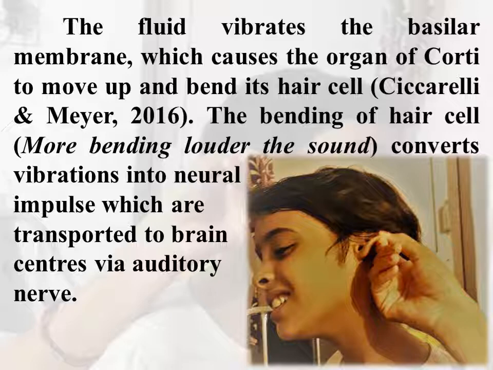That fluid vibrates the basilar membrane, which causes the organ of Corti to move up and down, consequently bending the hair cells. And this bending of hair cells is where your physical stimuli, that is sound waves, are converted into neural impulses, and that neural impulse is collected by the auditory nerve and transported to the brain through various channels and to the very specific area where the perception of sound occurs.